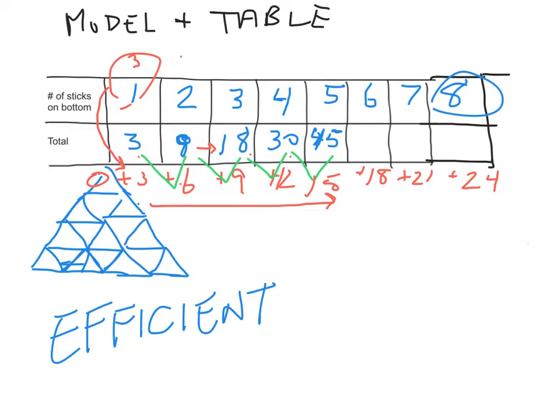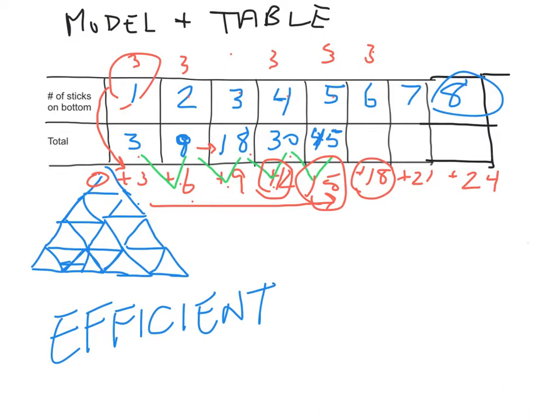So for example, 3 times 2 is going to give me 6. 3 times 3 is going to give me 9. 3 times 4 is going to give me 12 here on the bottom. 3 times 5 is going to give me 15 here on the bottom. 3 times 6 is going to give me 18 on the bottom. So I can figure this out pretty quickly by discovering some of the secrets that we have here.